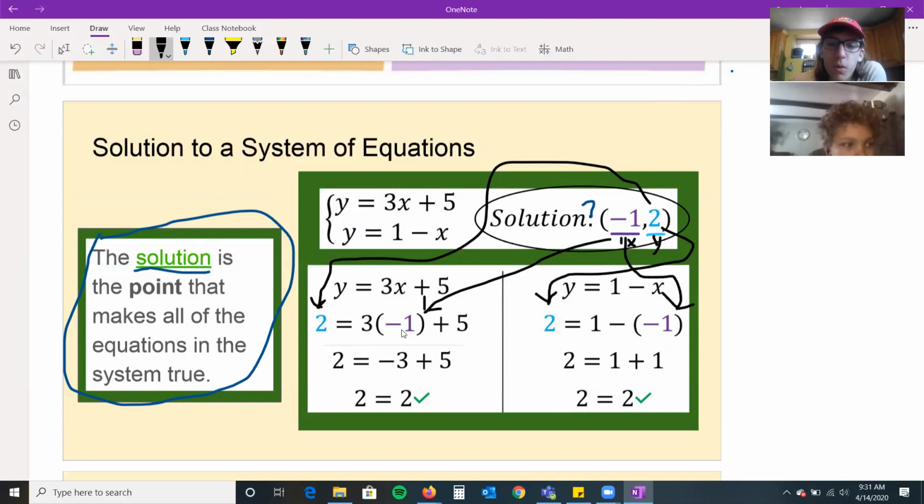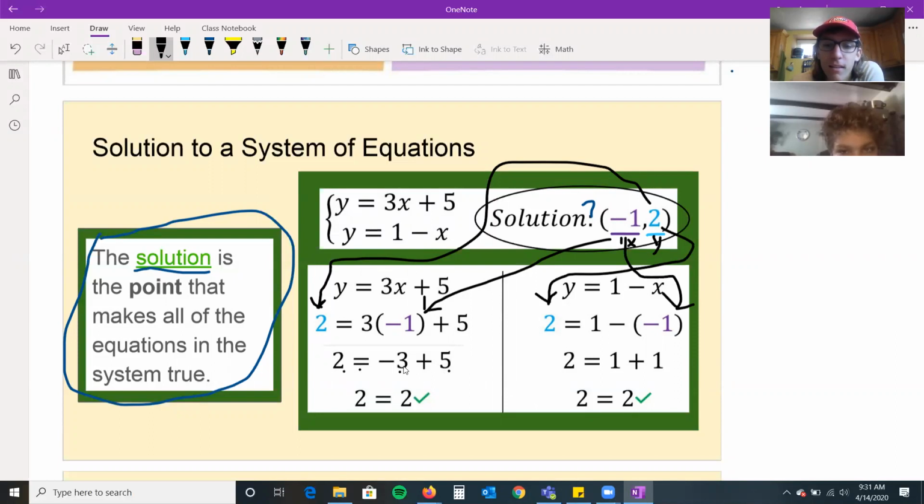All right, we've got -1 times 3. You guys see that? If this is 3x, it's 3 times x. 3 times -1 is -3. The 2 is just over there by itself. We didn't touch it. So now we have 2 equals -3 plus 5, right?